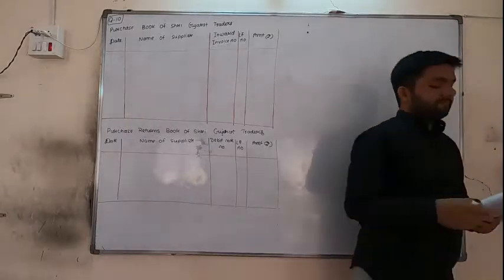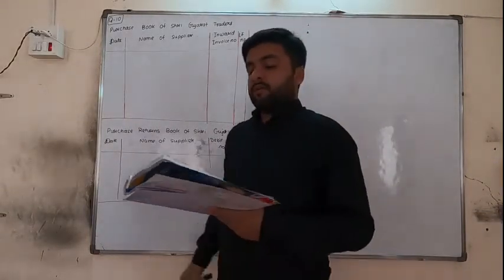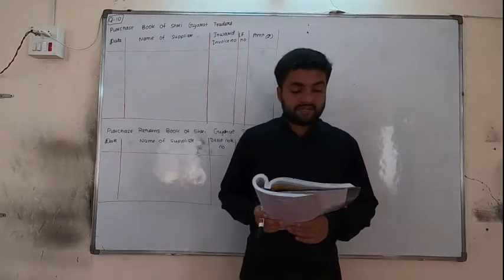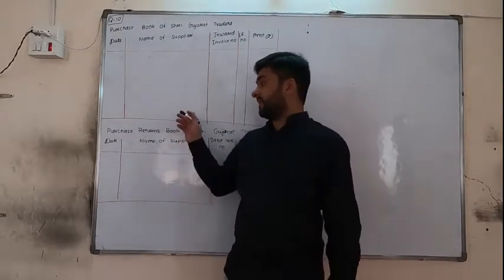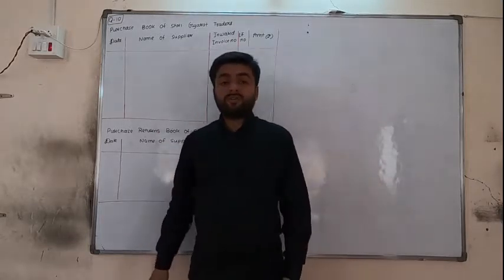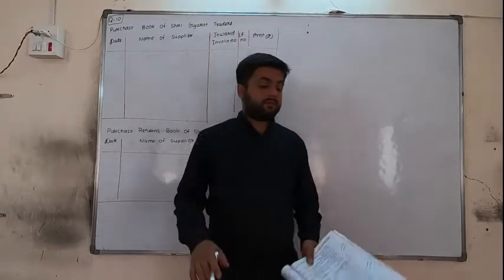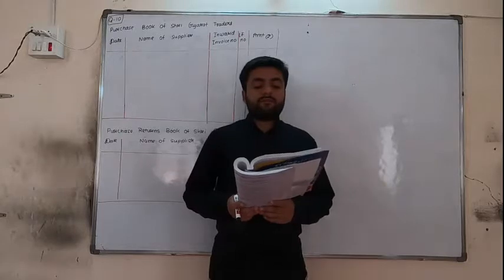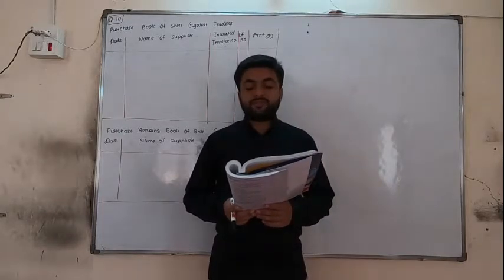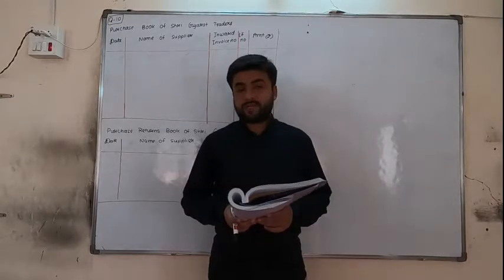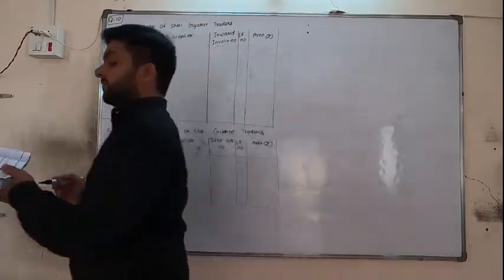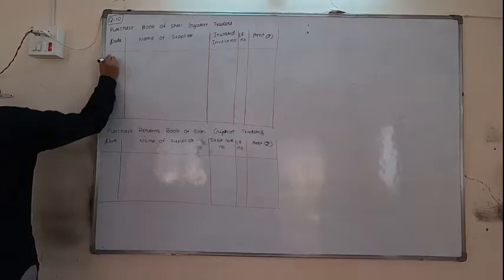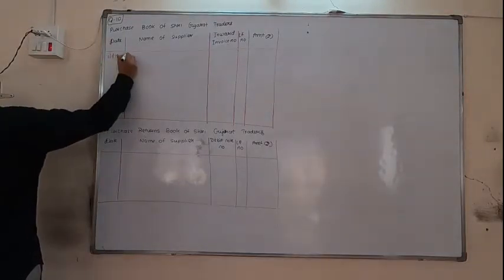Now let's go for the sum. Okay. On 1st January 2018, goods purchased. So first we should decide whether it will come in purchase or purchase returns, or it will not come in both of the books. Purchase goods of 1 lakh at 5% rate discount from Punjab stores. As we have not paid the amount, it is credit purchase, so we are writing in purchase book 1/1/18.